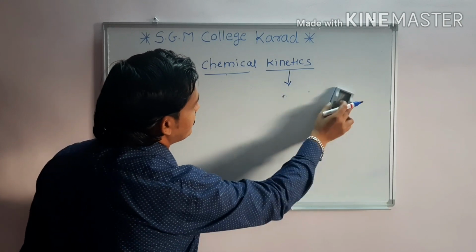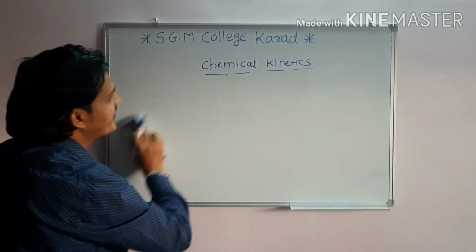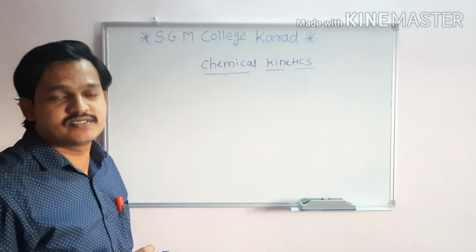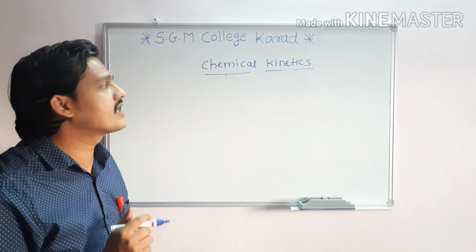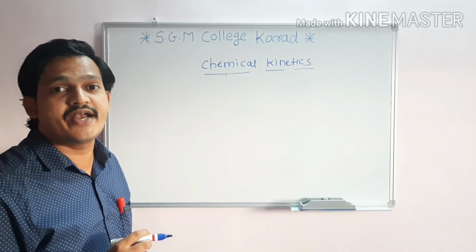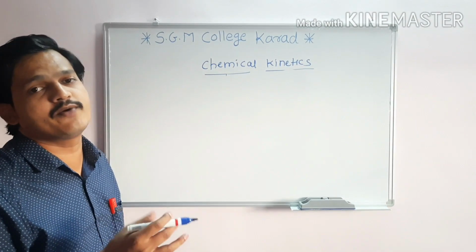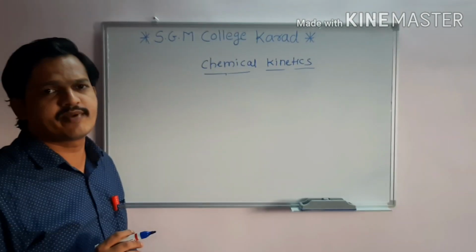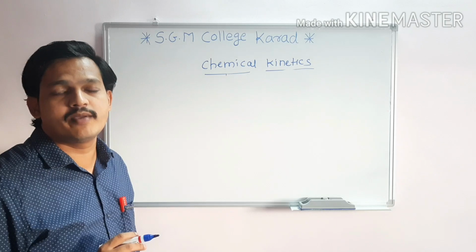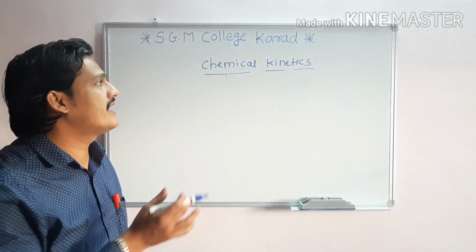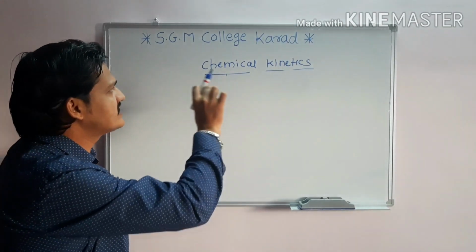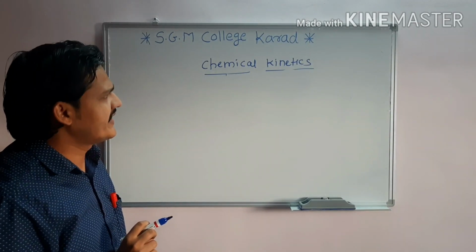Chemical kinetics is a branch of physical chemistry that deals with the study of rate of chemical reaction and its factors. That is called chemical kinetics.